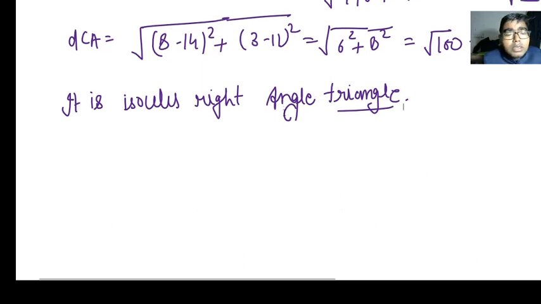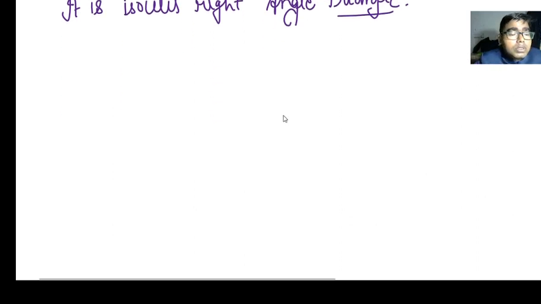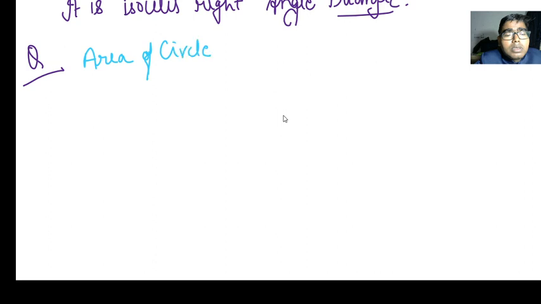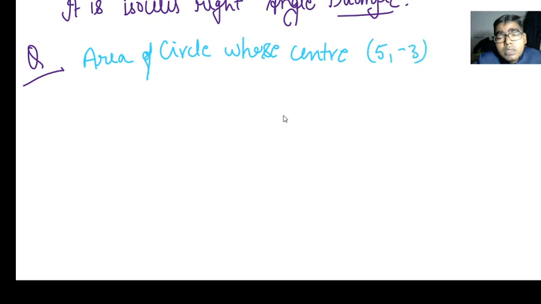We have to find the area of a circle whose center is (5, 3) and which passes through the point (-7, 2).